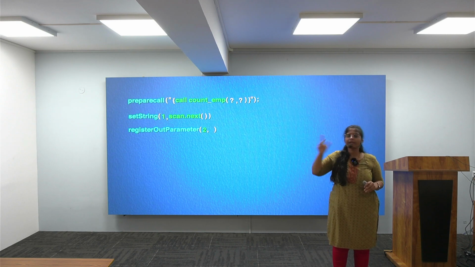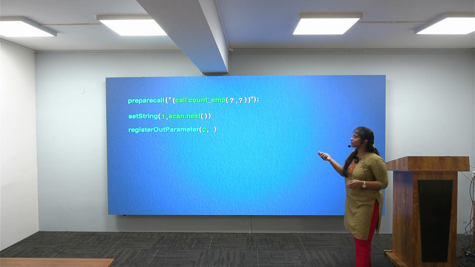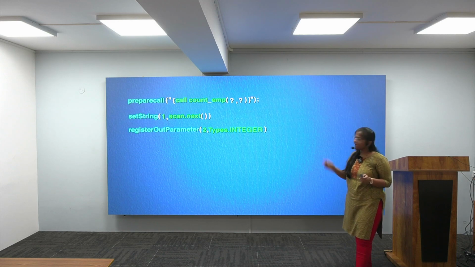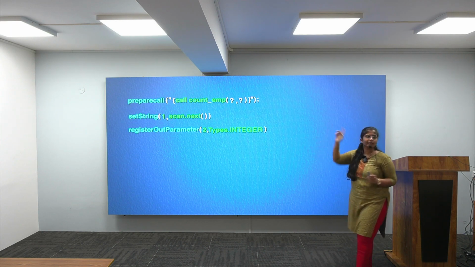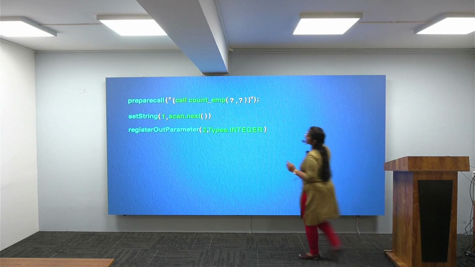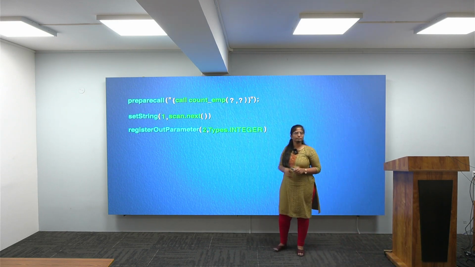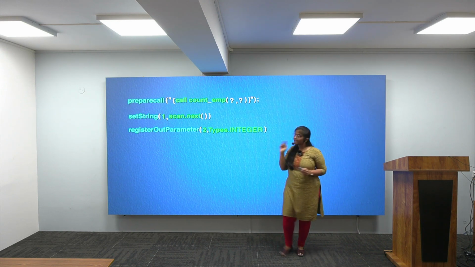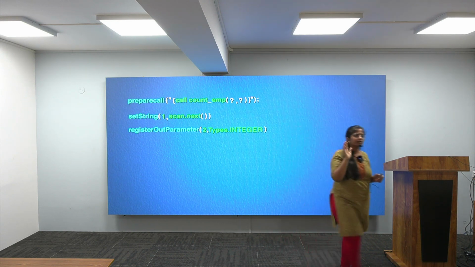The class name is Types, so I can say Types dot INTEGER now. Clear for everybody? I will open this Types class and show you what all is available, but this is how you can set the data type of your output parameters. I hope it is clear. Now it is like a complete query. Incomplete query has become a complete query. What is the next step inside your 5 steps?